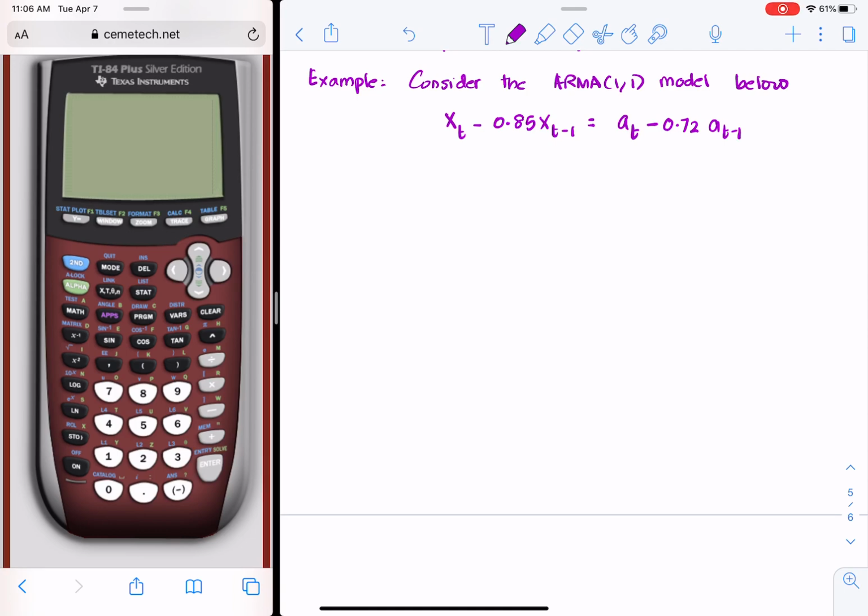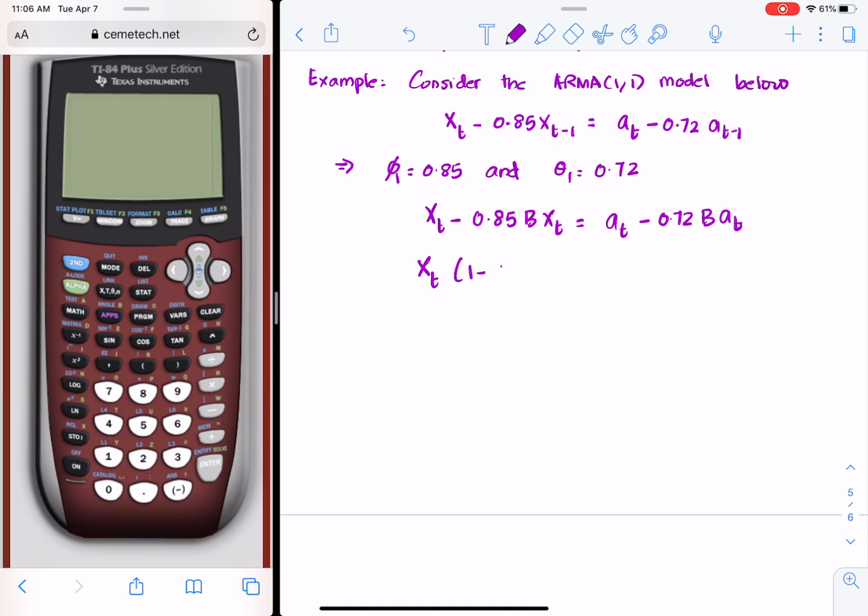So clearly here we have phi1 equals 0.85 and theta 1 equal to 0.72. In terms of the characteristic polynomial, we have xt minus 0.85 b times xt equals at minus 0.72 b times a sub t.